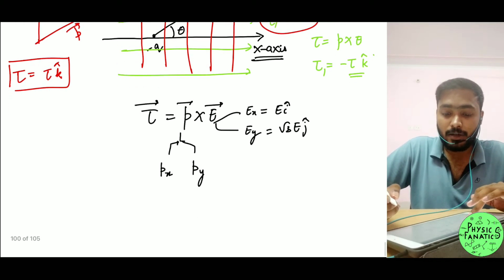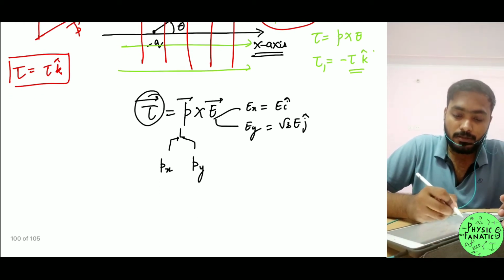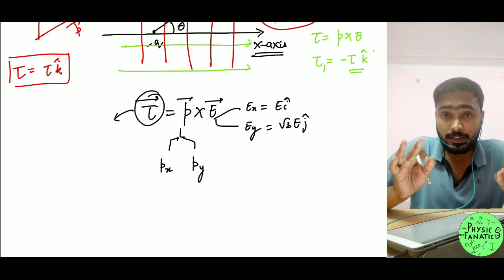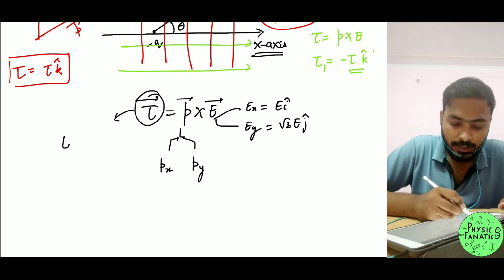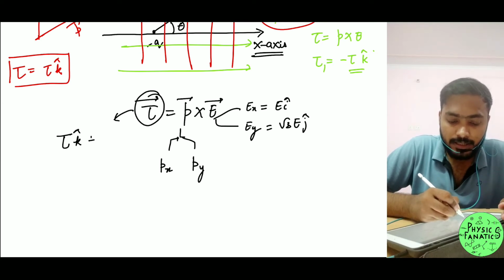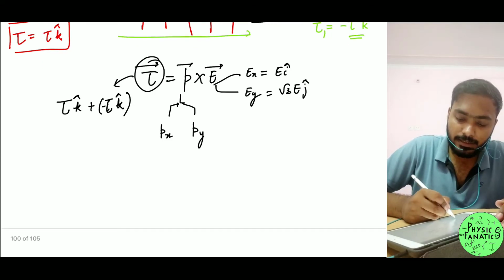Great. Now let's talk about tau also. For both the components, for one component the value of tau comes out to be tau times k cap. For the other one it is minus tau times k cap, right? So I can write it here.